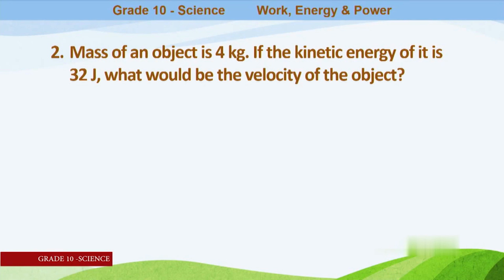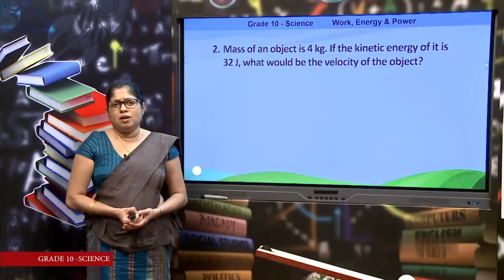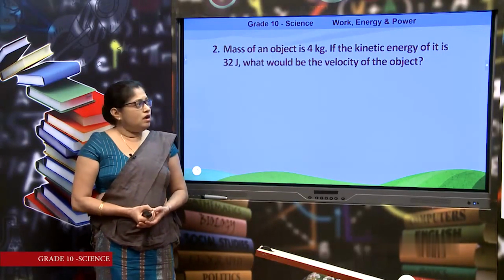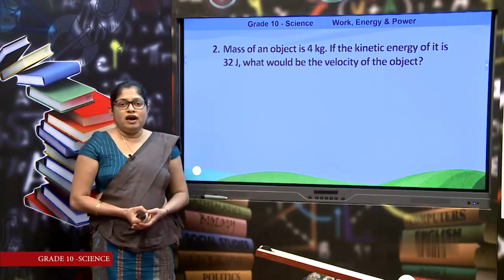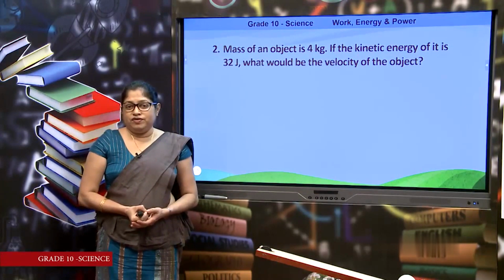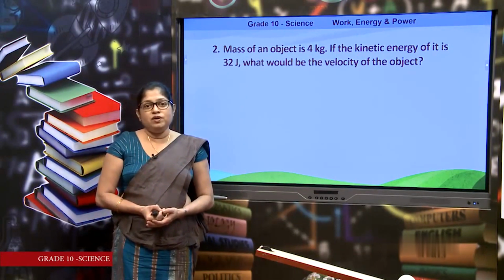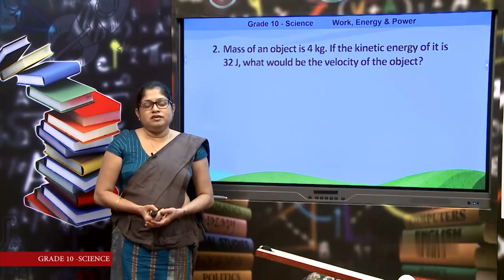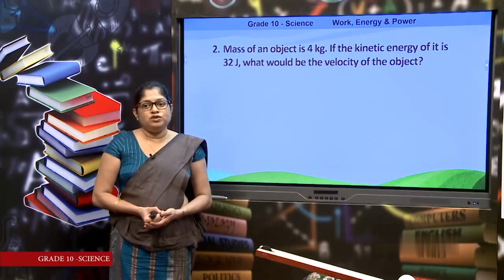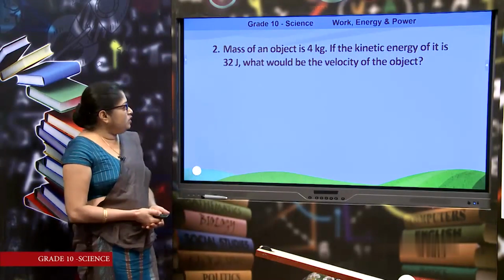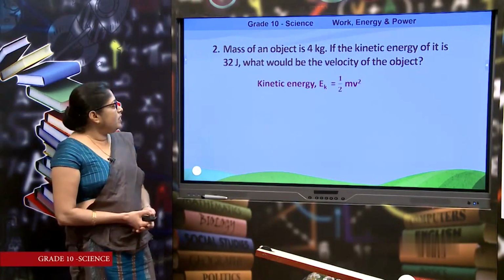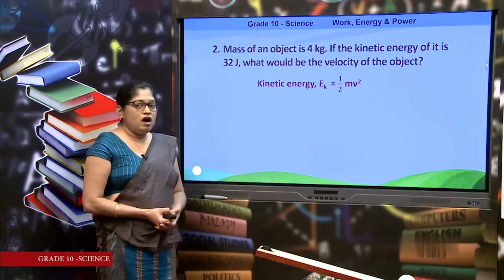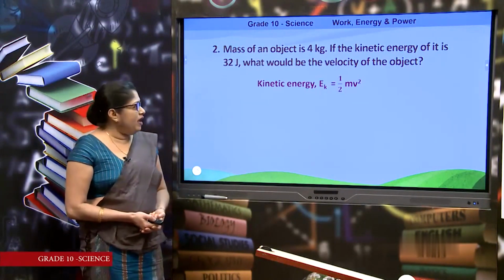This problem is a little bit different from the sum we did before. Here you are not asked to calculate the kinetic energy, instead you are asked to calculate the velocity of the object. Try to solve this problem. Now let us do it. First you have to write the equation. Kinetic energy equals half mv squared, then apply values.